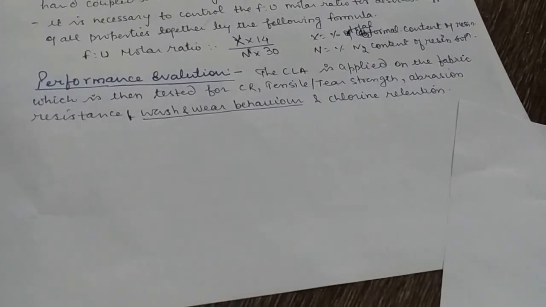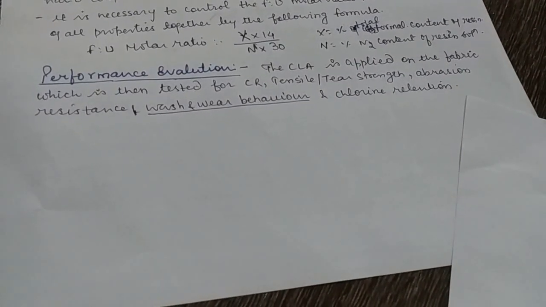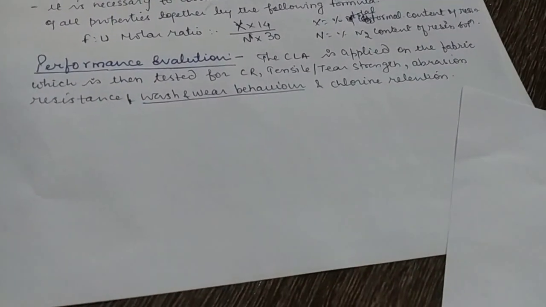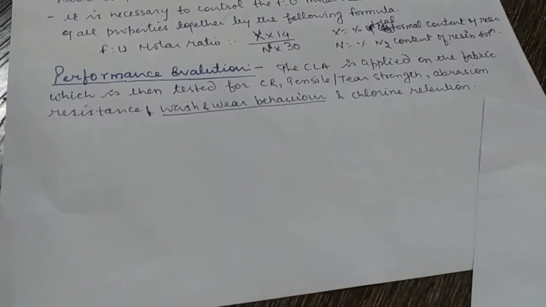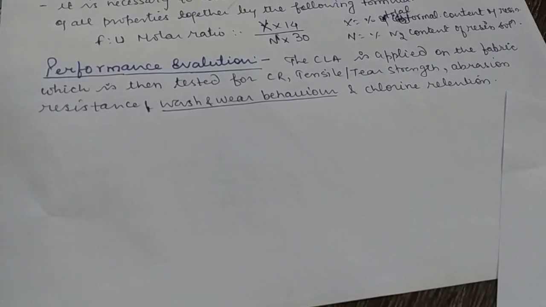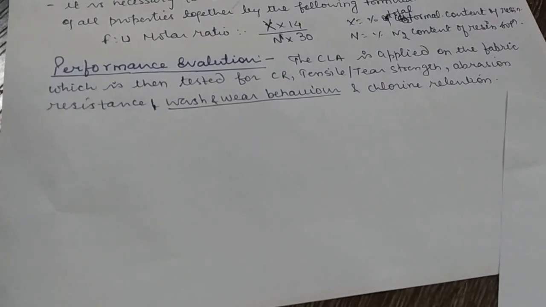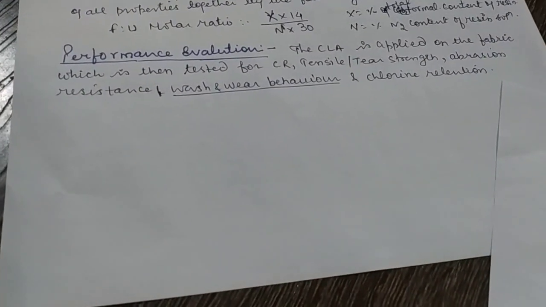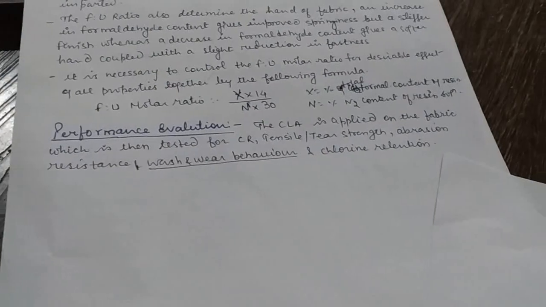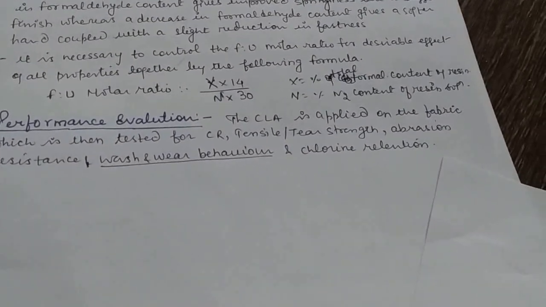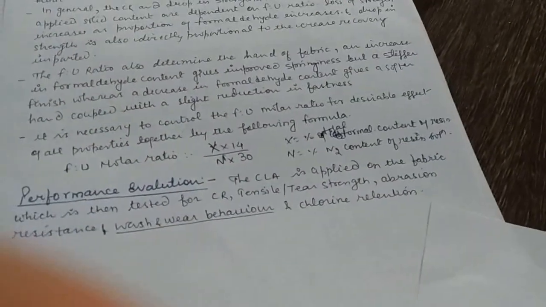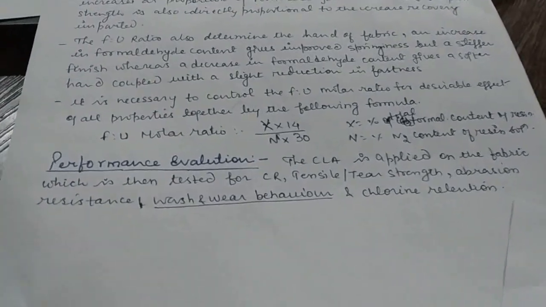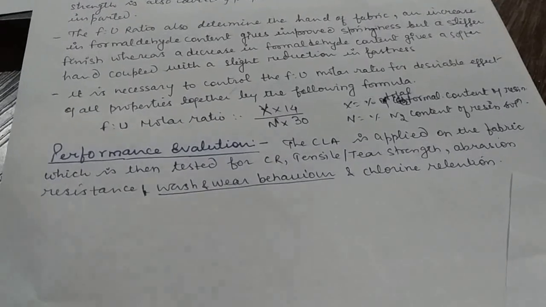The fabric is then tested for crease recovery angle, tensile strength, tearing strength, abrasion resistance, wash and wear behavior, and chlorine retention in some cases. After assessing these properties, we can summarize and conclude the effect, efficiency, and effectiveness of the cross-linking agents in the finishing treatments.